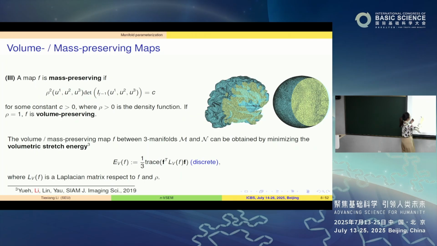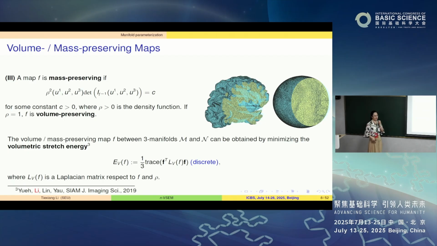The density function squared multiplied by this determinant is required to be a constant. If this condition is satisfied, we say F is volume preserving. Of course, here we have the density, so we call it mass preserving. If the density is 1, we call it volume preserving.